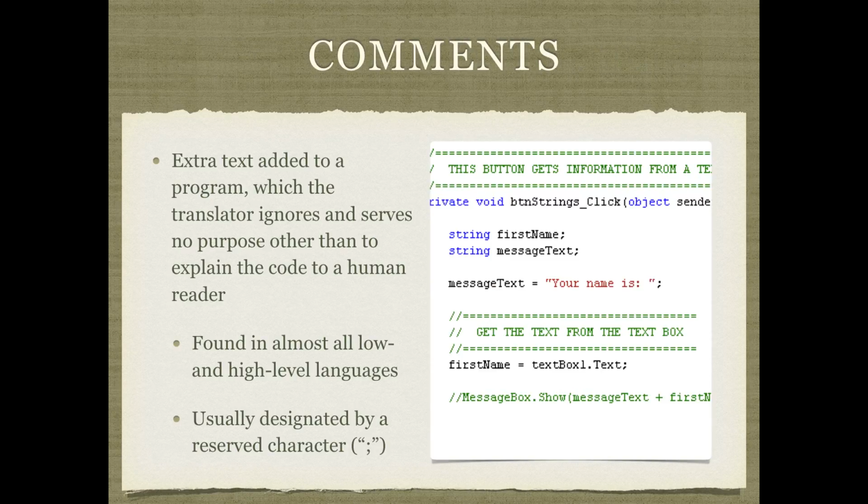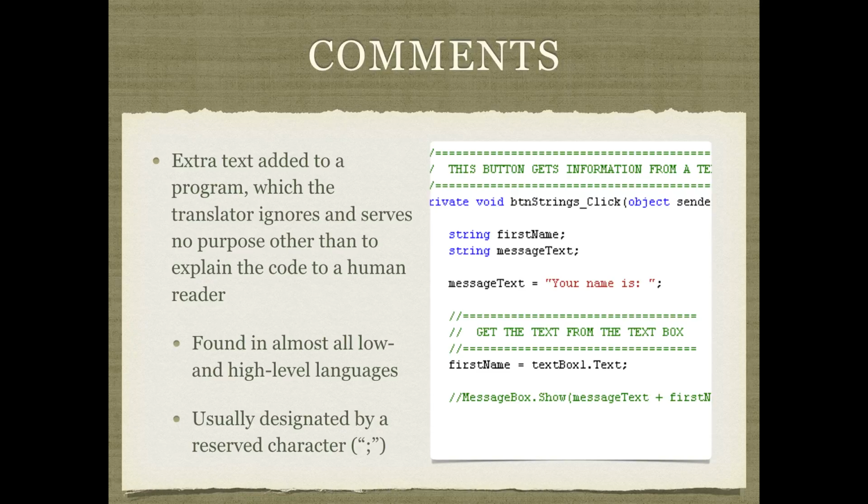Now, I'm sure you've seen comments in different coding assignments and things from Programming 1, Programming 2. If you haven't seen it yet, you will. Comments also exist in low-level languages too. It's always beneficial to have the ability to add this extra text that can be ignored by the translator. So if you've never seen a comment before, basically a comment is exactly what it sounds like.